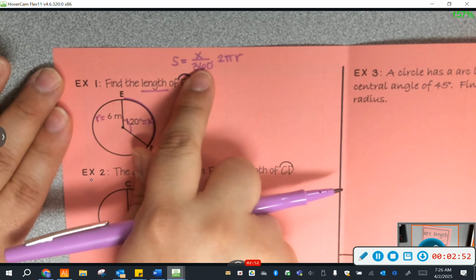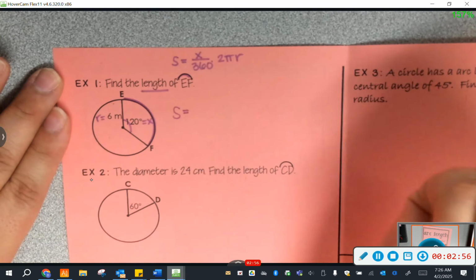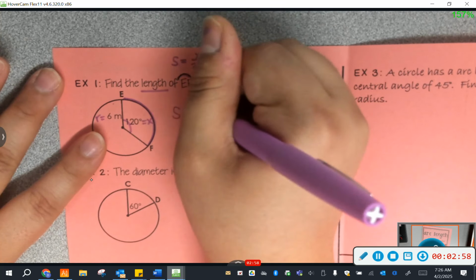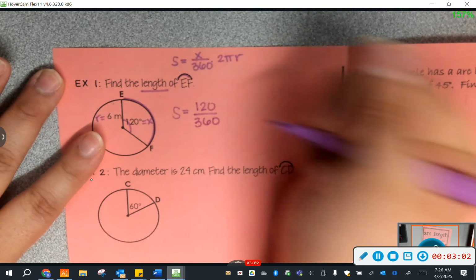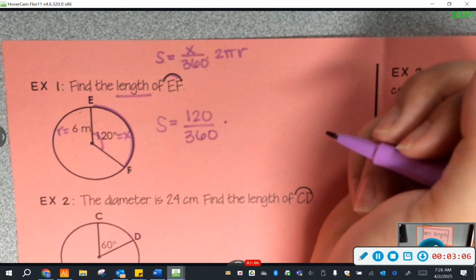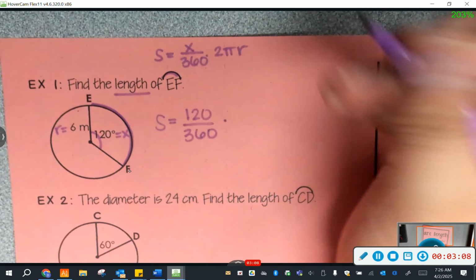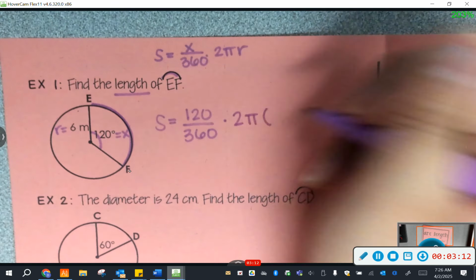So now I'm going to plug in those two things into this formula. S equals, x is 120 over 360 times 2 pi, and then what's my r? 6.